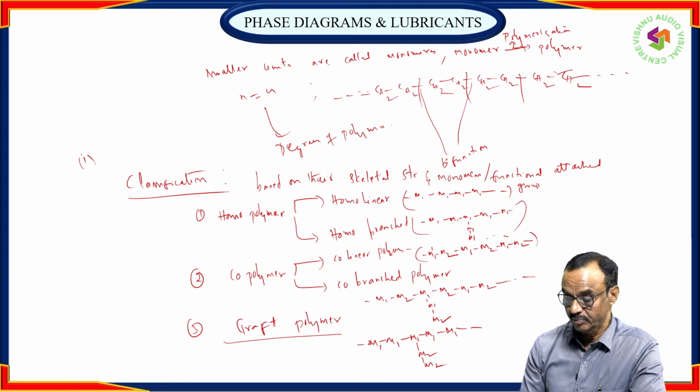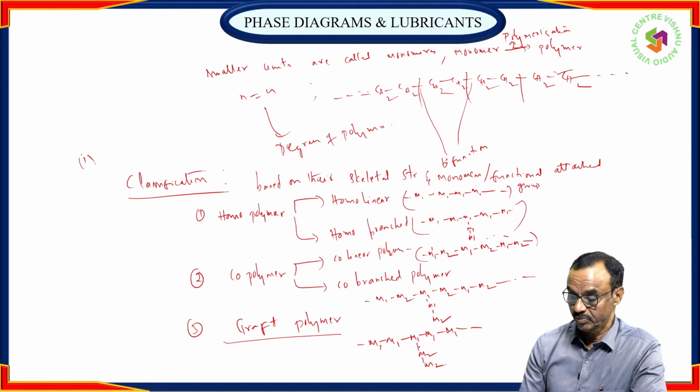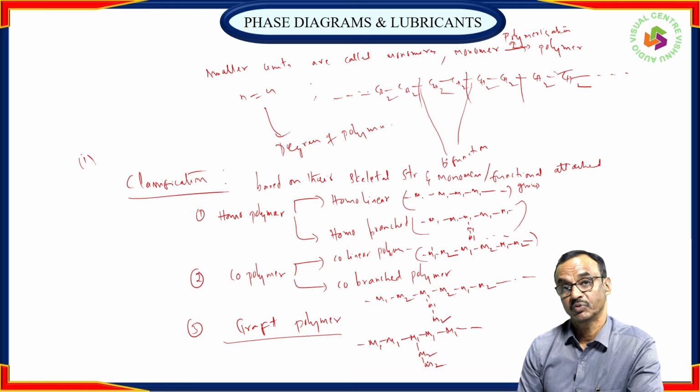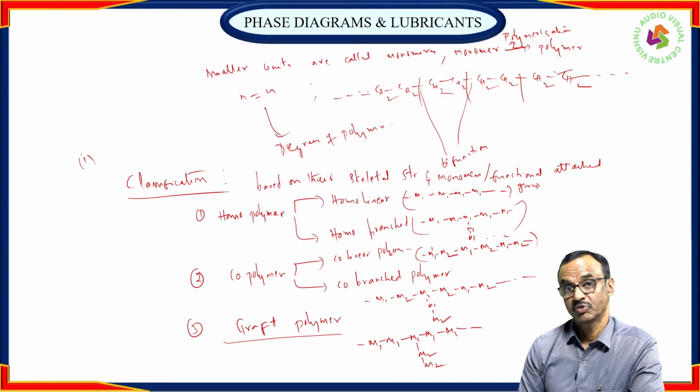But here, the main chain is made up of M1 only, and the branch consists of M2 only. The branch monomers are different from the monomers of the main chain, the backbone.